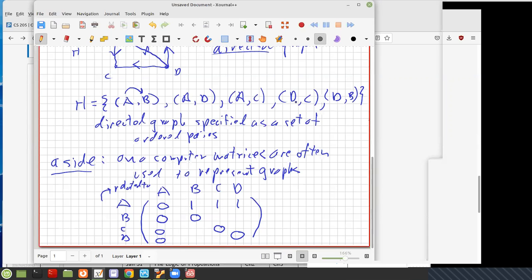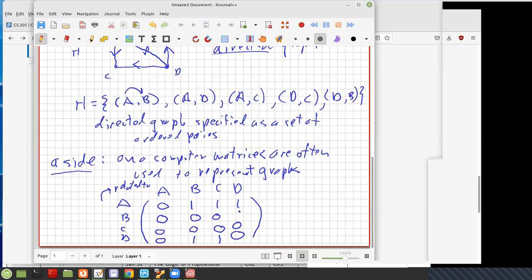And then D is related to C, but C is not related to D. D is related to B. And C is not related to anyone.